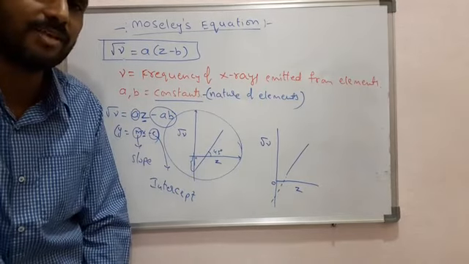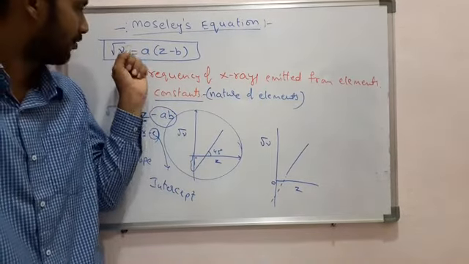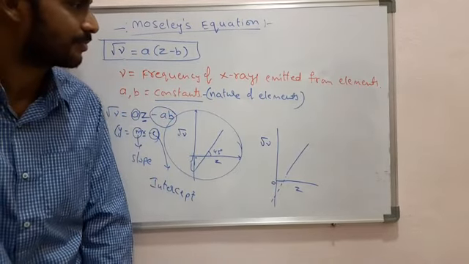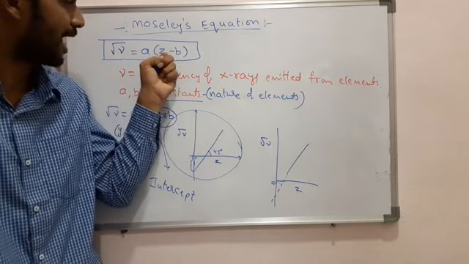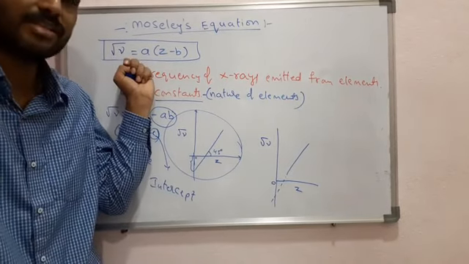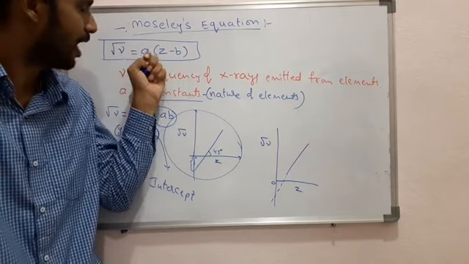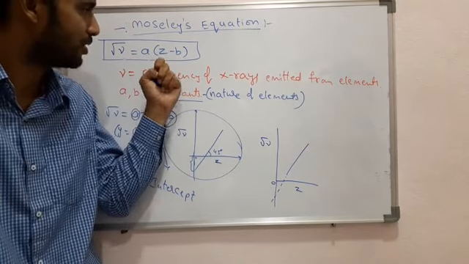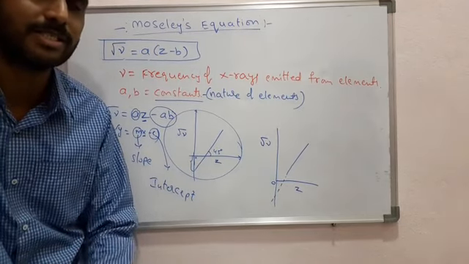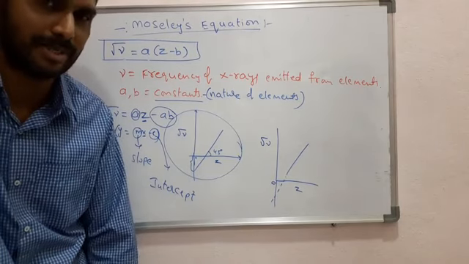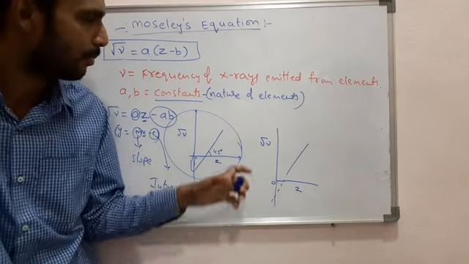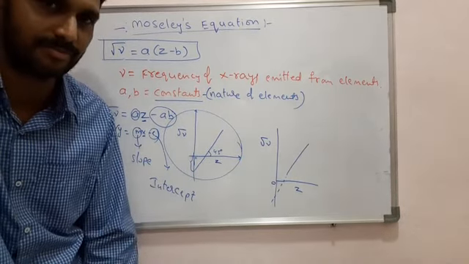By knowing the frequency of the X-rays released by elements in his experiment and these constant values, we are able to calculate the atomic number, the positive charge present in the atoms of that particular element. Okay, this is Moseley's equation. Now we see some problems related to it.